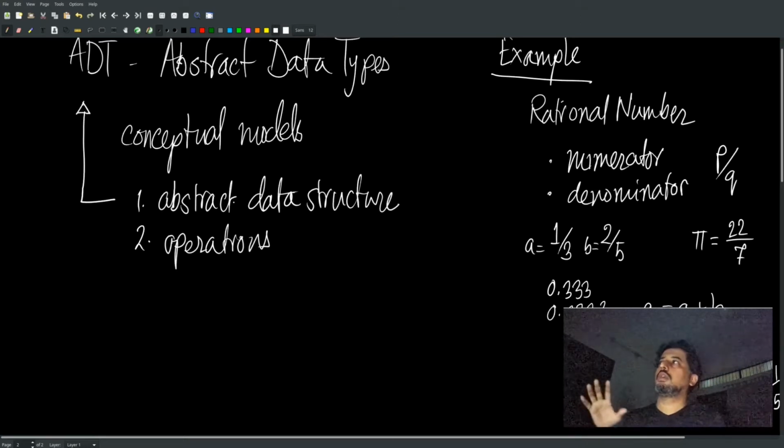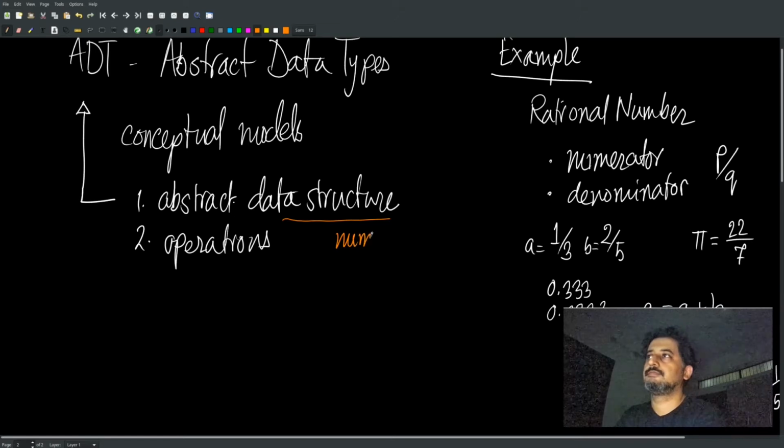So when you talk about the ADTs, what you have is the abstract data structure, where we just say that there are two things you need for rational numbers: you need to store the numerator and the denominator.